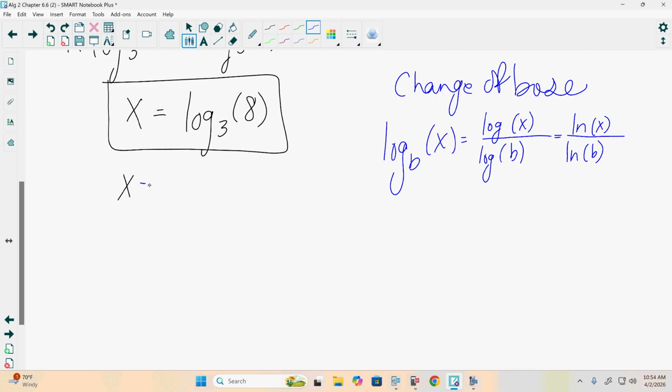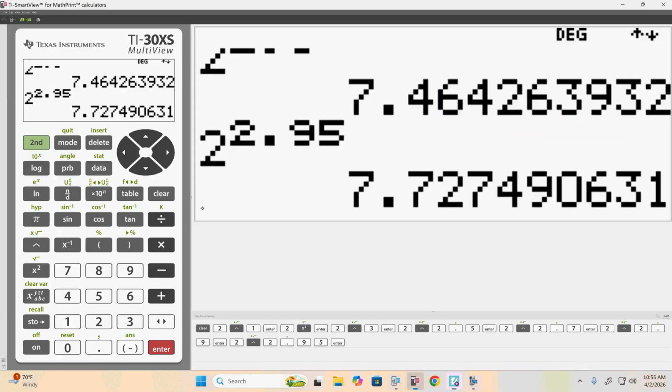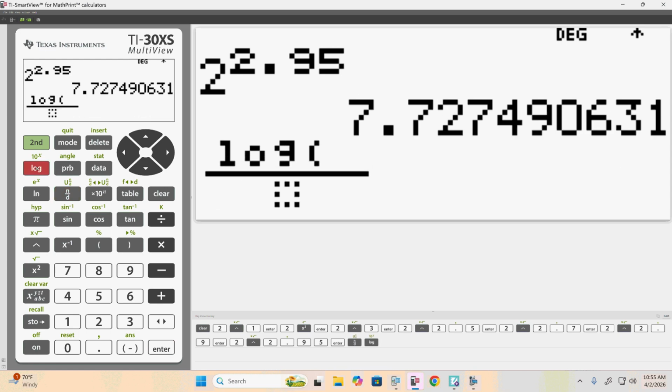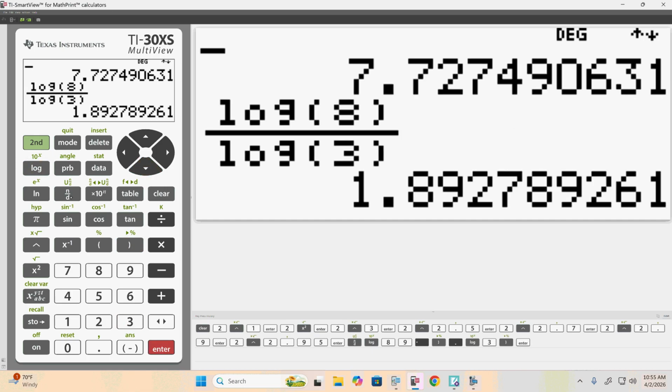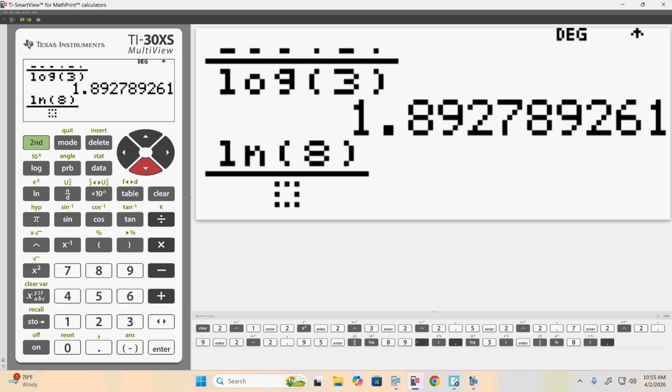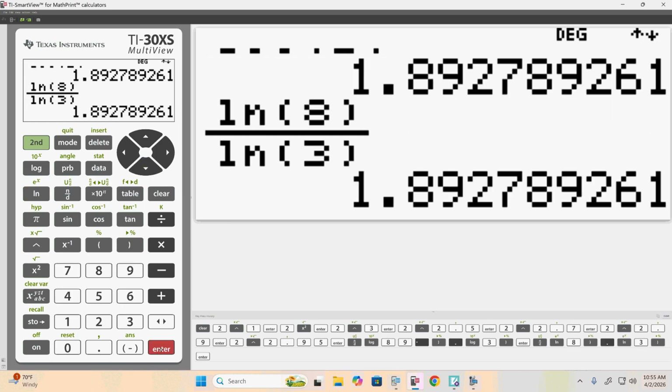So log base 3 of 8 is the same as log of 8 over log of 3. So I can grab the calculator and say log of 8 divided by log of 3. Or natural log of 8 over the natural log of 3 still gives us 1.8927, approximately 1.893.